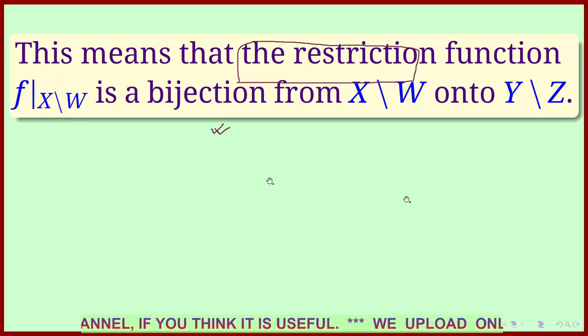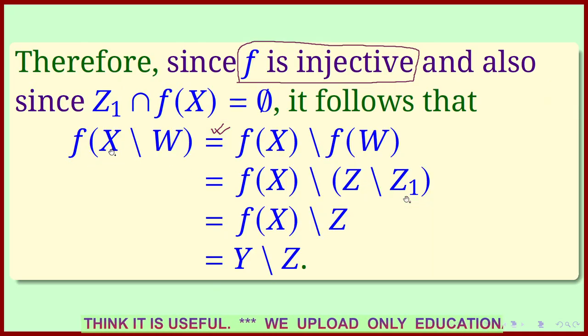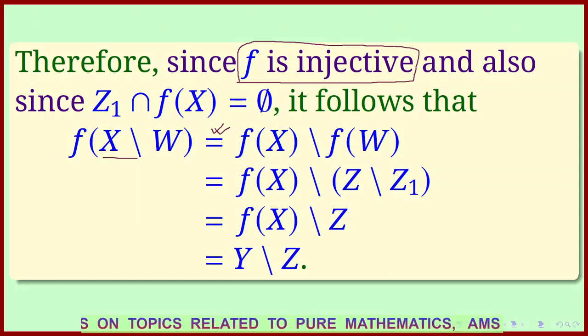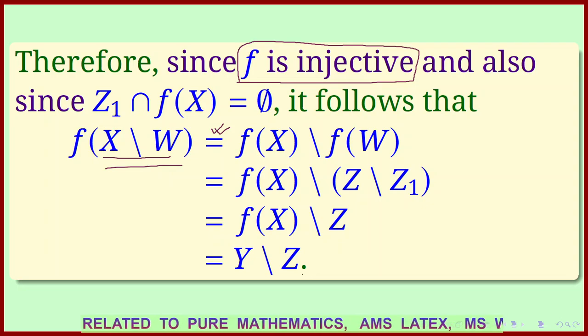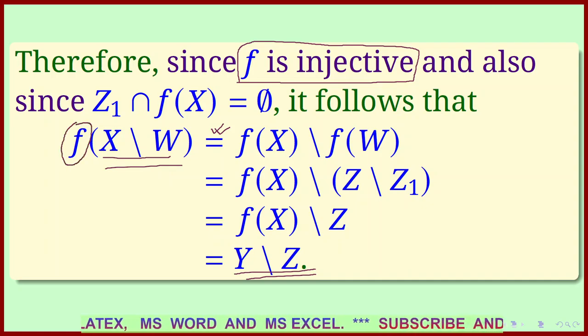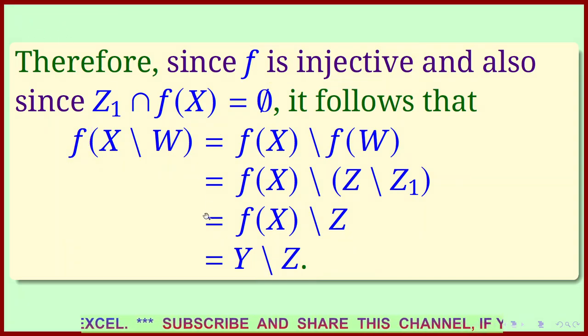What does it mean? f on x minus w is already given to be one-one, injective, and y minus z is the image of this set under f. So this particular set here is bijective to this particular set here under the map f. All right. So that's what we are mentioning.